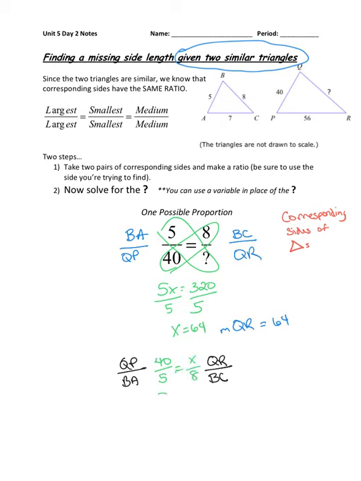Let's cross multiply. 5x equals 320. You get the same thing. X equals 64. But you notice in my second ratio, and I did this just to show you, I kept the same parts of the triangles on the top and on the bottom. In the second one, this ratio, I used the large triangle in the numerator.